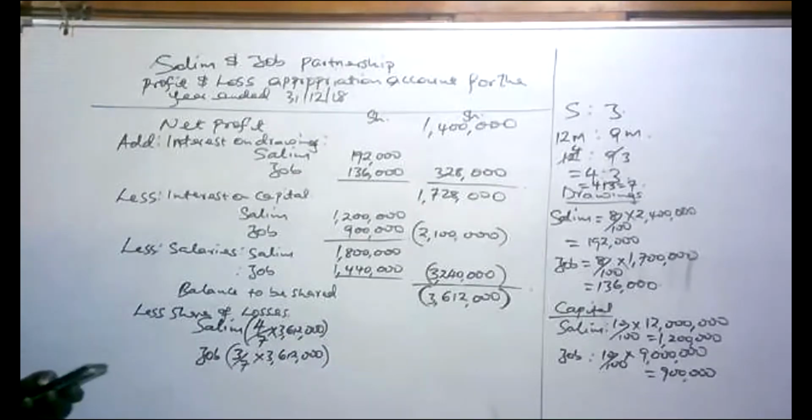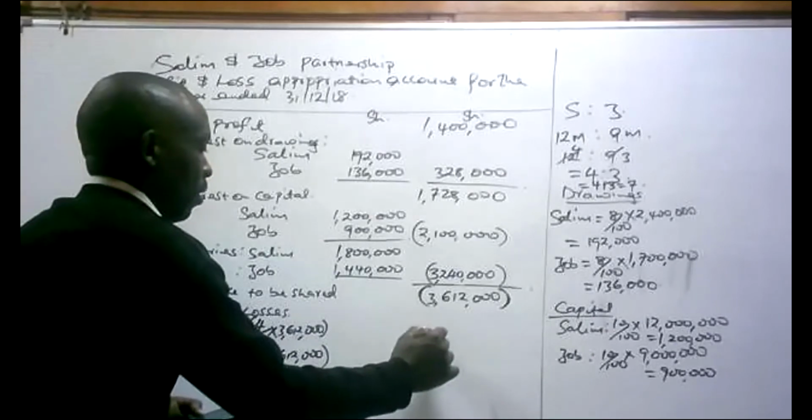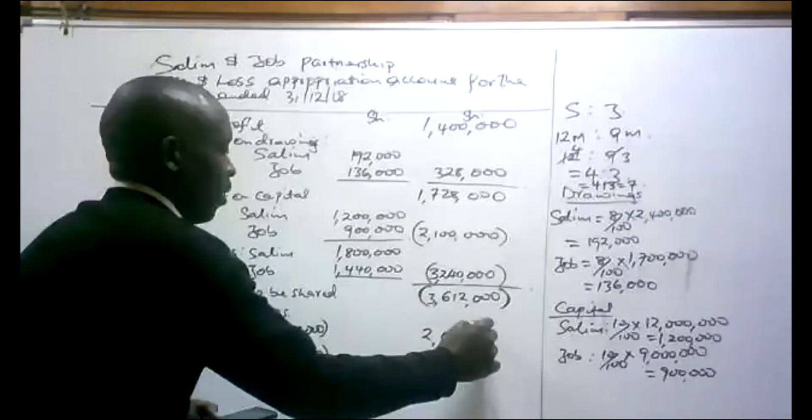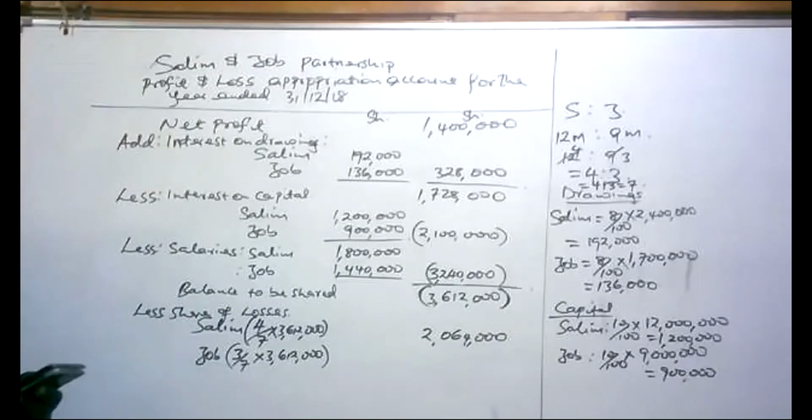For Salim, how much is that? 2,064,000. For Job, 3/7 times 3,612,000.